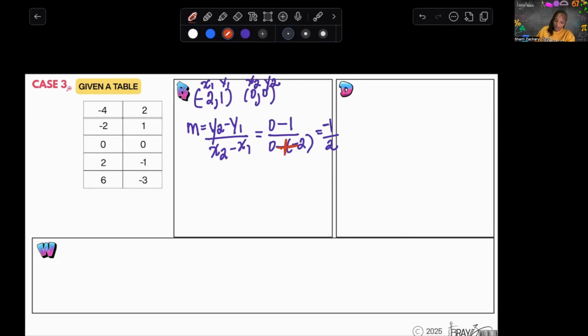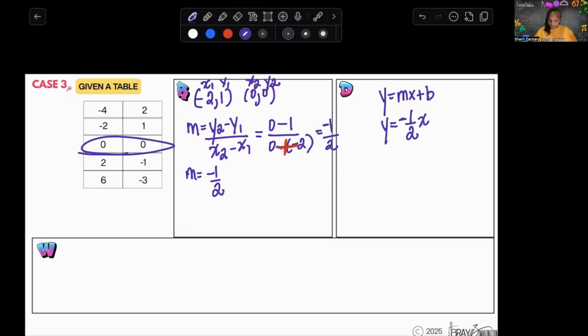And so my slope here is -1/2. When I substitute that into my slope-intercept form of the equation, I see that my slope is -1/2 x, and I already know what my y-intercept is because 0, 0 is represented.